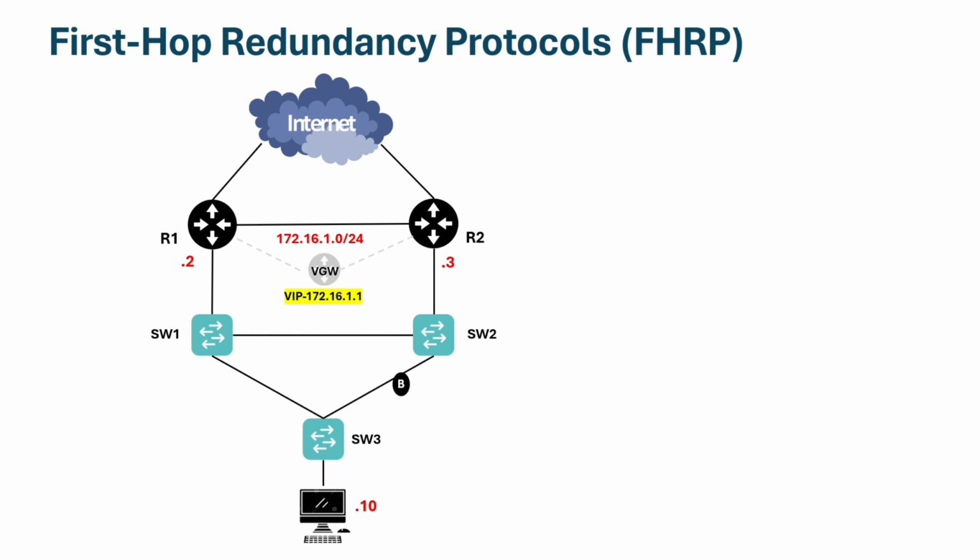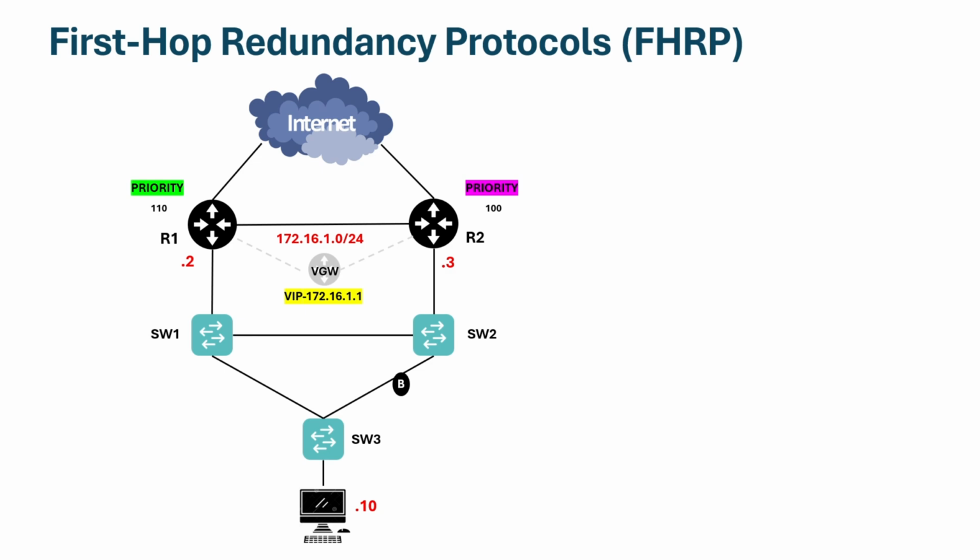When you add these devices to the FHRP group, you need to decide which one will act as the primary gateway. This is decided by configuring the priority. If I want R1 to be the primary gateway, I will configure it with higher priority.